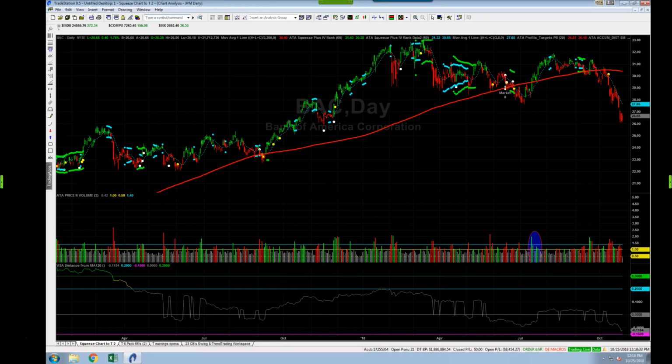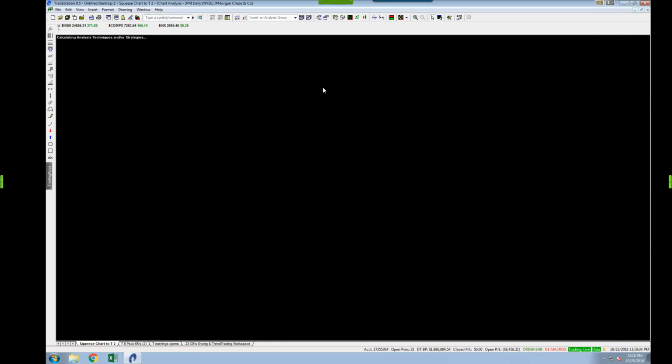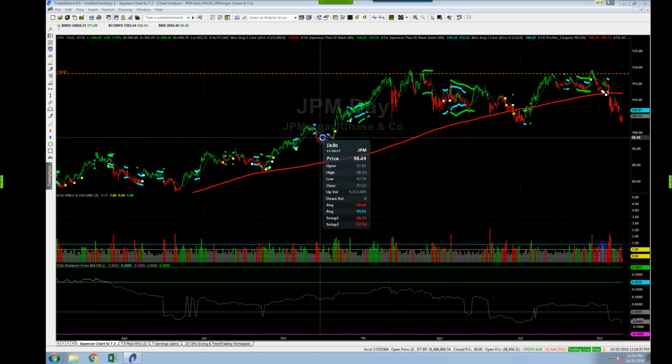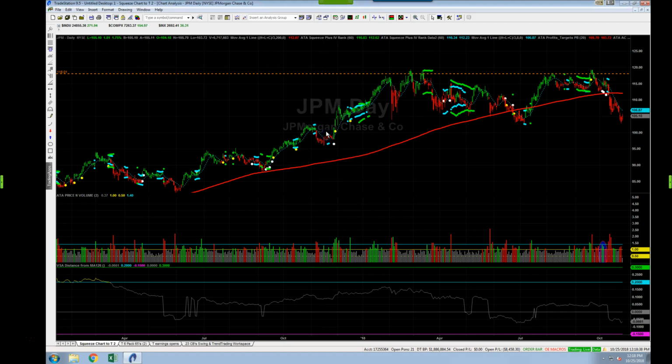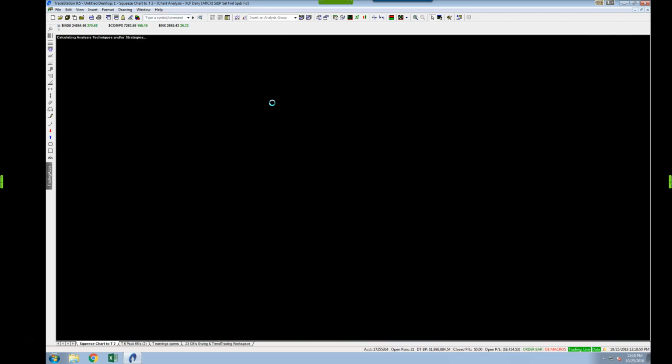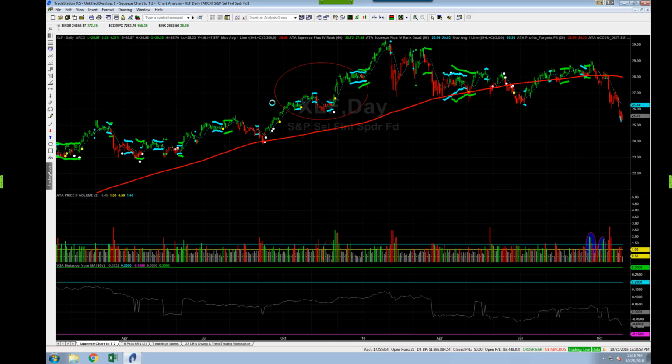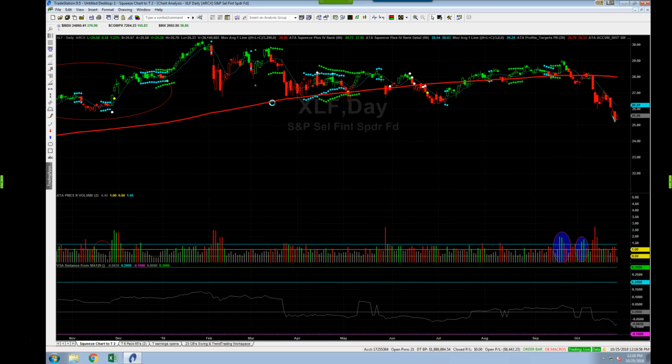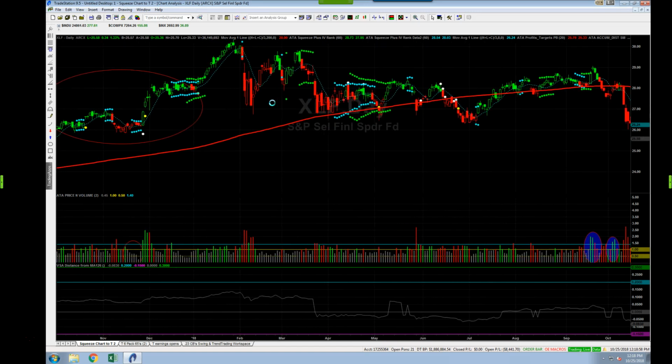Goldman Sachs, JP Morgan, all the individual financial stocks during early November were going absolutely nowhere on very low volume. Now, sure, if you want to monitor 10, 20, 30, 50, 60, 100 plus different stocks, do your thing, so be it. For me, I take the bird's eye view. I look at the sectors first, and that tells me what's going on pretty much in every individual name in that group.